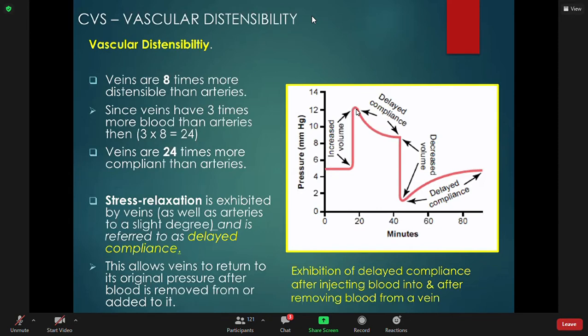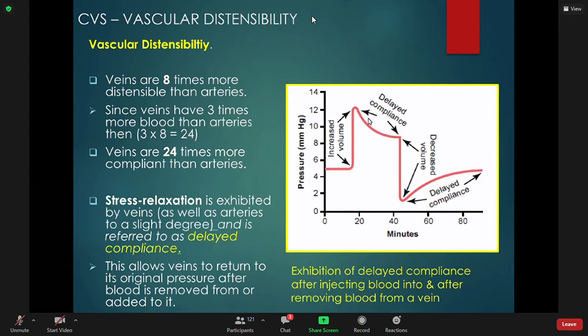Now, over a period of a few minutes, the smooth muscle in the arteries will relax. So the size of the lumen of the arteries will increase, and because of that, there will be a drop of pressure even if you have not changed the volume.